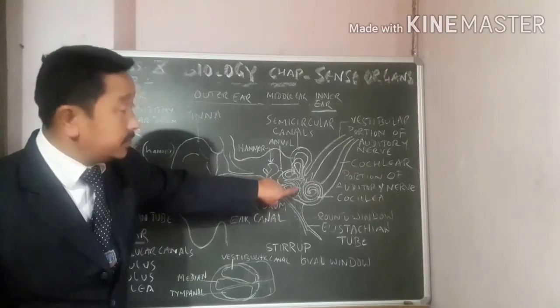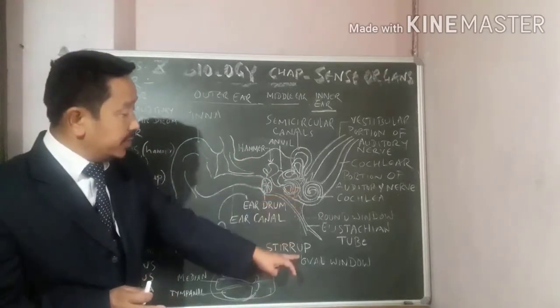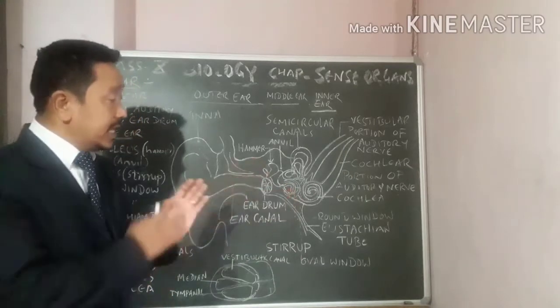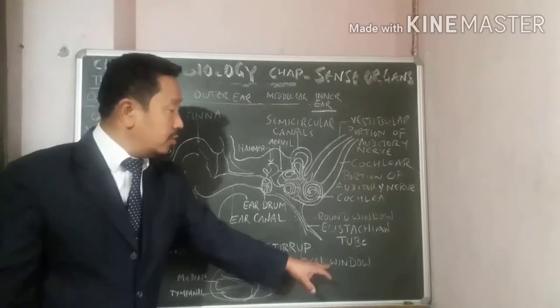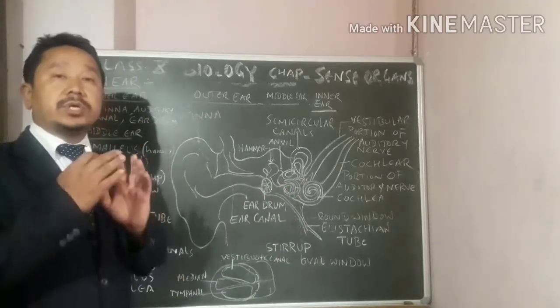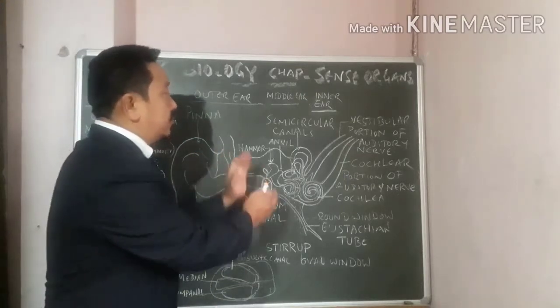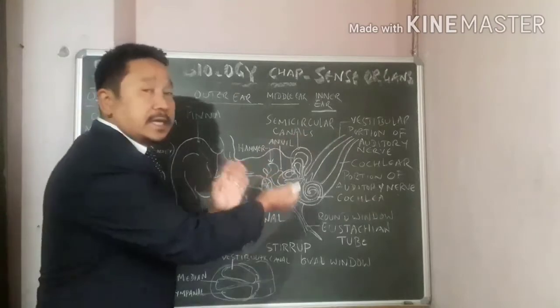Okay, so there is a kind of opening called the oval window. So this flat part of your stirrup is connected with the oval window, and this oval window connects the middle ear with the inner ear. Okay, middle ear with the inner ear.